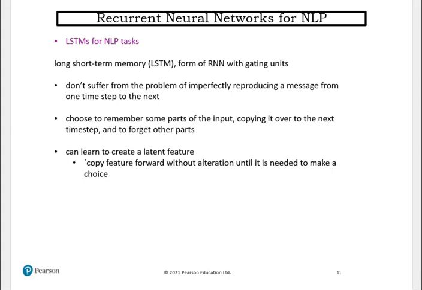So we're not just going to incorporate the input into the hidden states. Now we will copy input parts as they are to a further step without modifying them. By copying features forward without any alteration or change until it is needed to make a choice, this way we can reduce the problem of vanishing gradient or forgetfulness for RNNs.